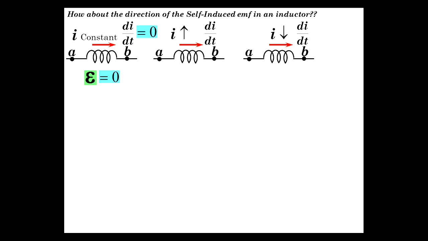In the second scenario, the current is going up, so we have a dI/dt that's not 0. In fact, it's positive, so it's increasing in this direction. Now, the induction effect is going to be such as to oppose that change. So the EMF induced is going to be in this direction, like an electric field in this direction, right?